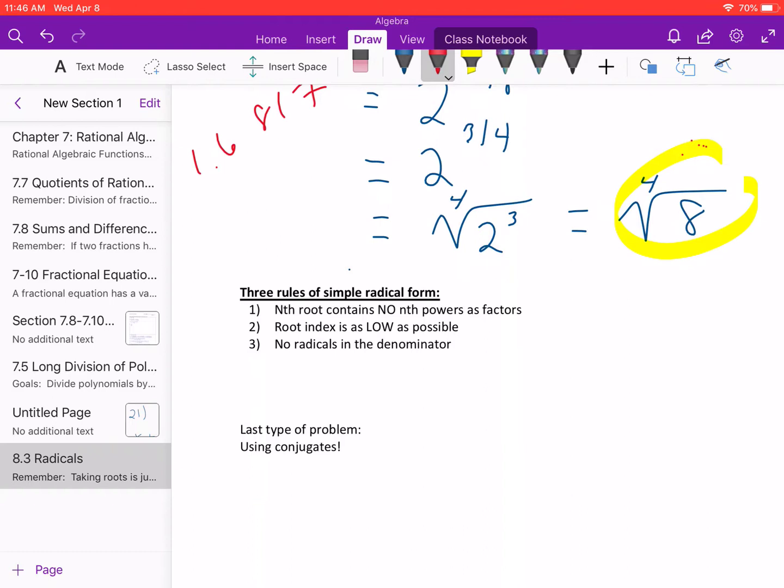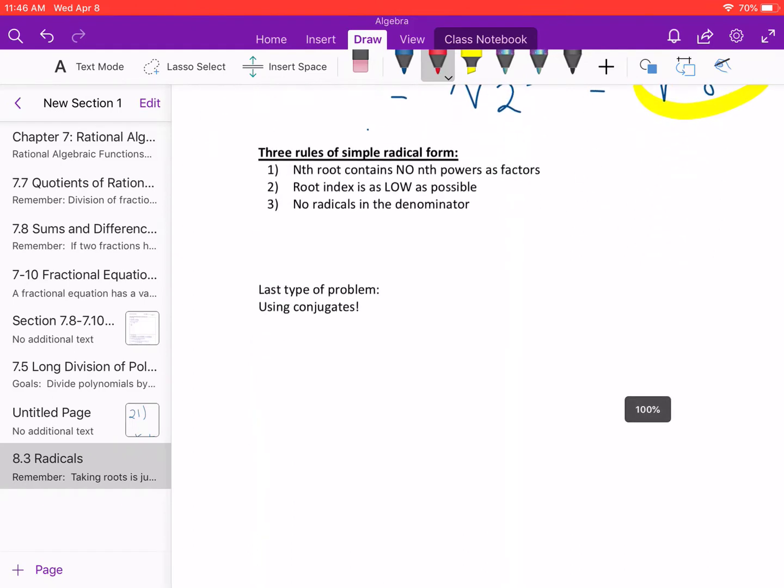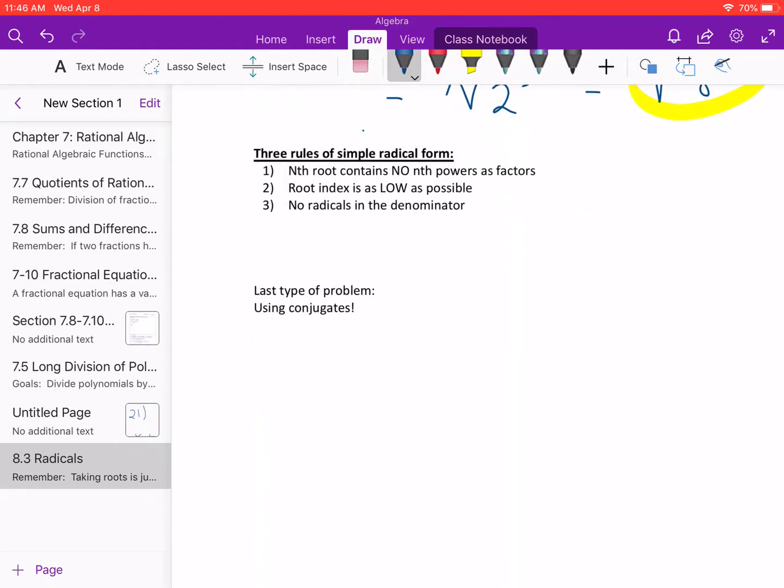So, let's look at a version that looks like this, where we need to use a conjugate. So for this example, if I have 2 all over 5 plus radical 3, and I need to simplify this problem, I need to use the multiplicative identity, which is the conjugate.